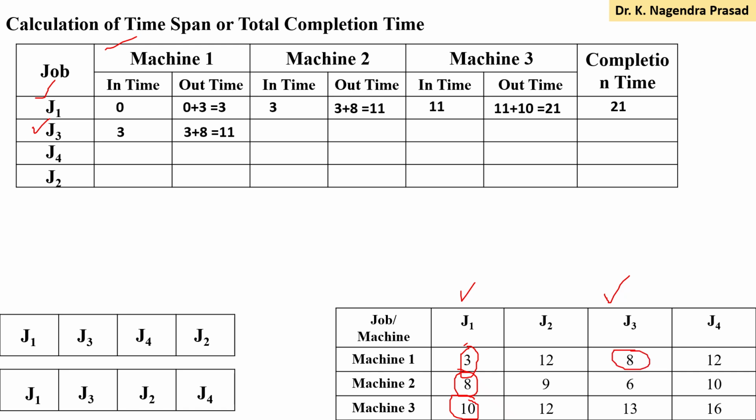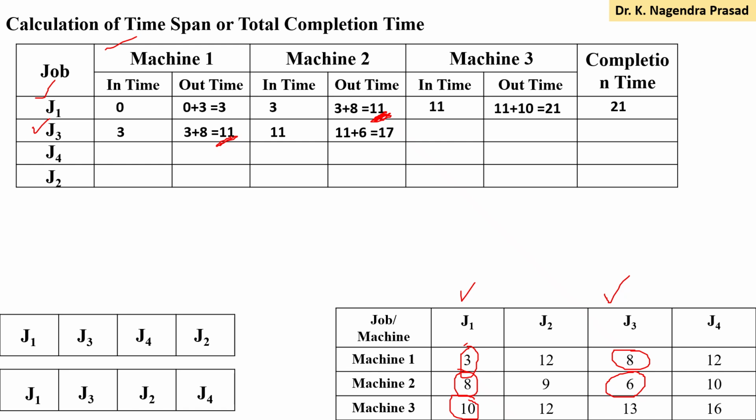Then out time is 3 plus 8, which is equal to 11. After 11 hours, job J3 has to be moved to machine 2. Up to 11 hours machine 2 is also busy, so only after 11 hours job J3 is moved to machine 2. In time for job J3 on machine 2 is 11 and the processing time is 6, so out time is 11 plus 6, which is equal to 17.